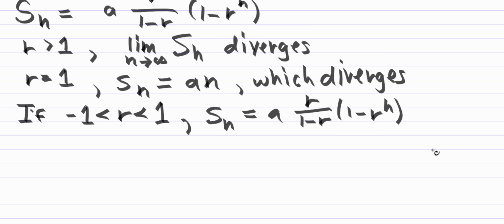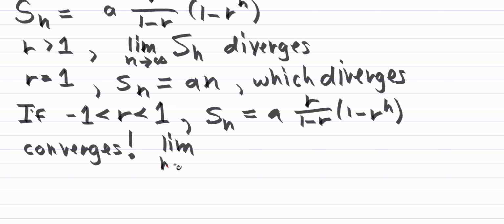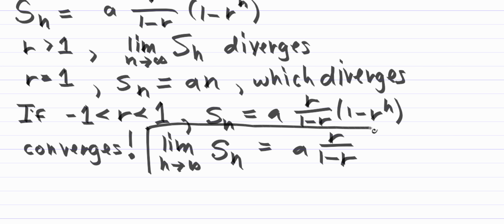In particular, this r to the n term is going to 0. And we know that the limit, therefore, as n approaches infinity of these partial sums, is going to be just a r over 1 minus r. This is an important formula to remember for geometric series.